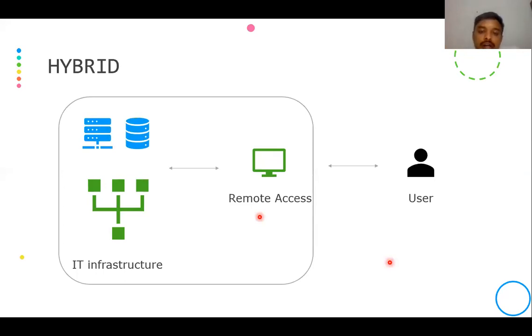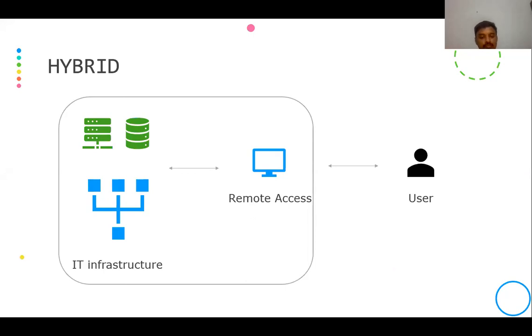Hybrid, let's look at the hybrid infrastructure. Hybrid infrastructure is when you're using probably a part of the service, the IT infrastructure, or you're using private infrastructure on a public network or a public infrastructure on a private network, right?